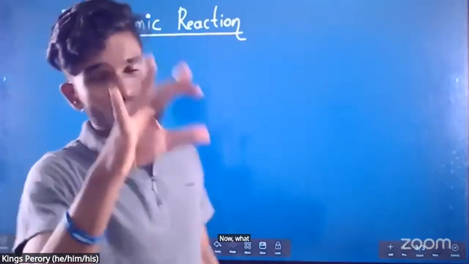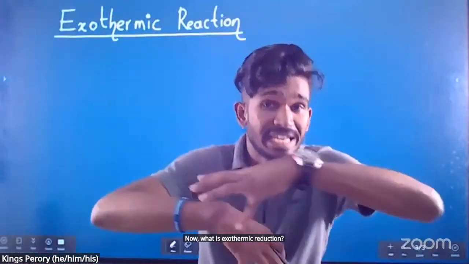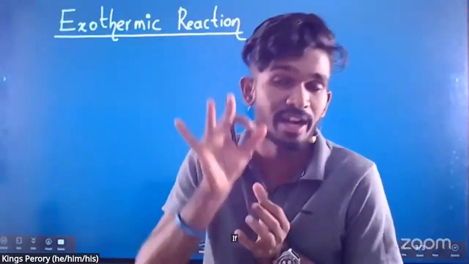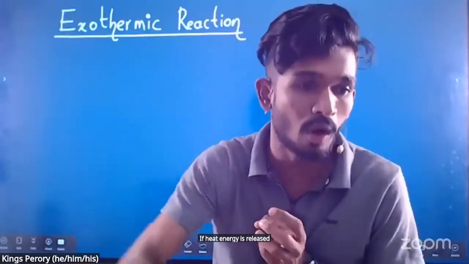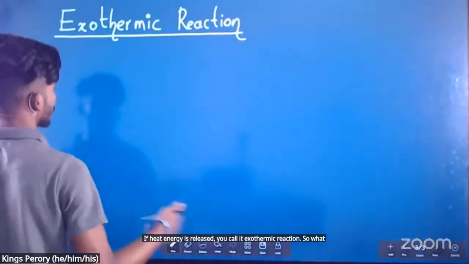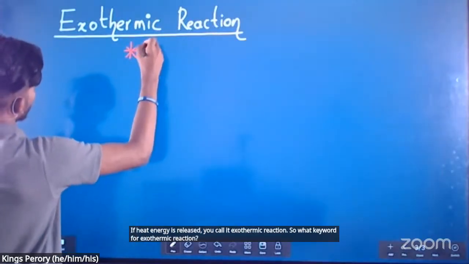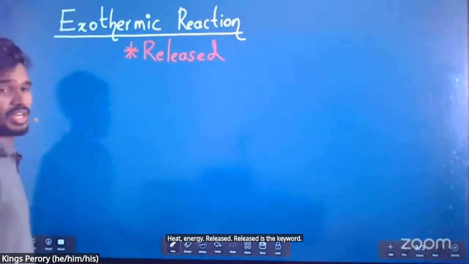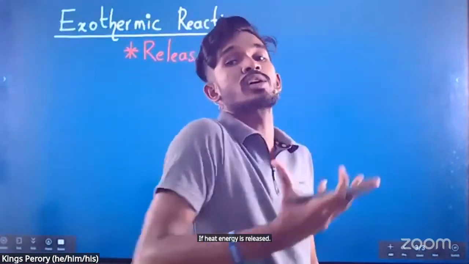Now, what is an exothermic reaction? During a chemical reaction, if heat energy is released, you call it an exothermic reaction. So what's the keyword for exothermic reaction? Heat energy released. Released is the keyword. If heat energy is released, you call it an exothermic reaction.